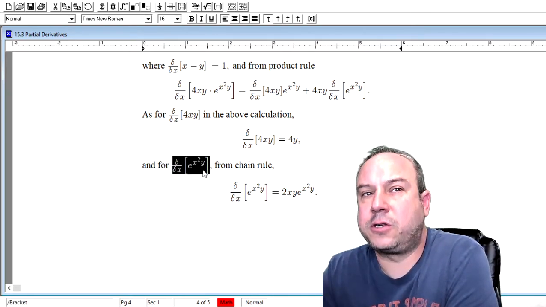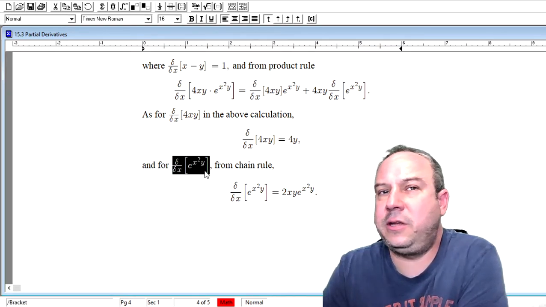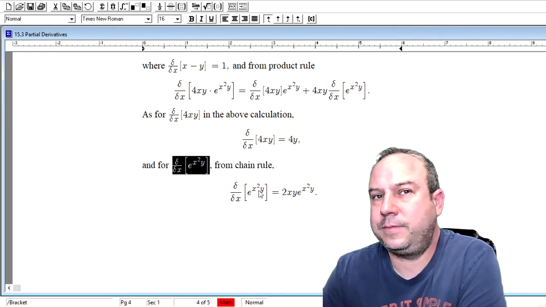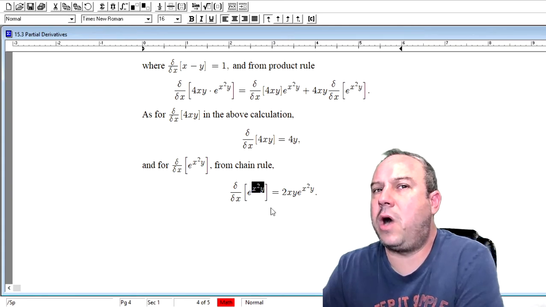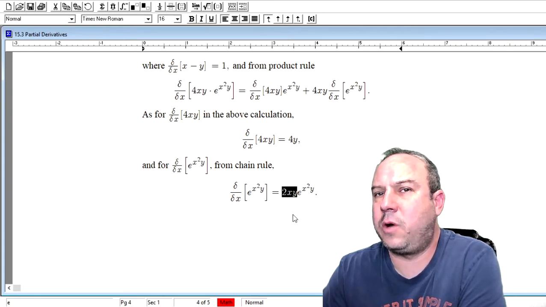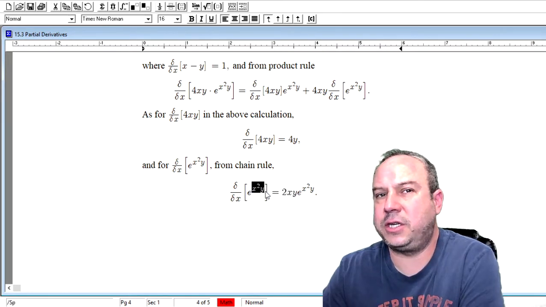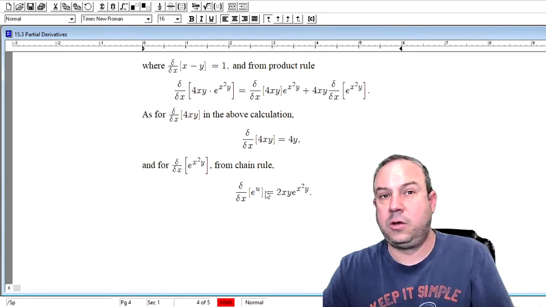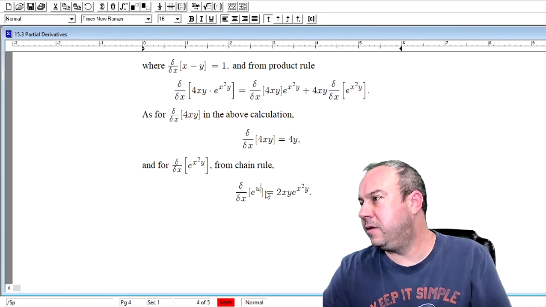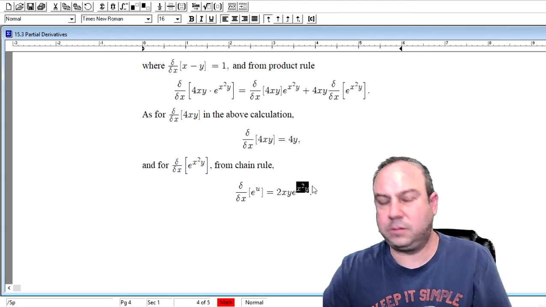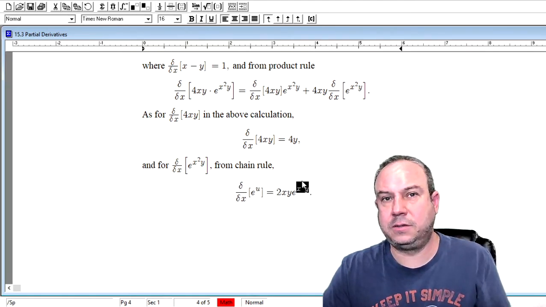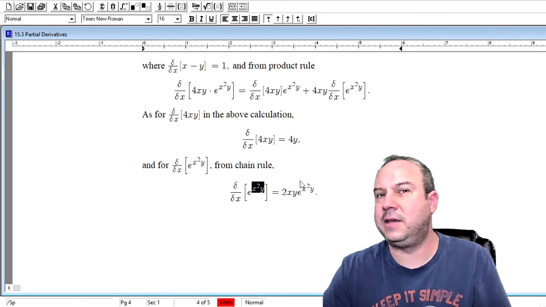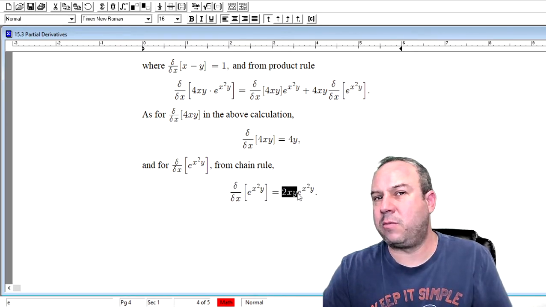As for the partial with respect to x for e to the x squared y, we're going to need to use a little chain rule. So its derivative of the interior would be the derivative of x squared y with respect to x. That's 2xy. Times the exterior function. The exterior function would be e to the u, whose derivative is e to the u. But u is that quantity x squared y. And remember what this is down here.